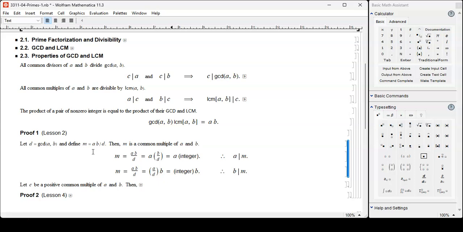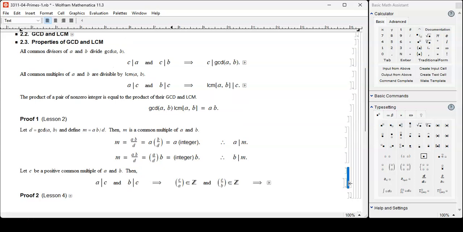First observation, this is actually a times an integer because b divides d, and this is an integer times b because a divides d. So we get that this m is a common multiple of a and b, and then we can use the previous result.